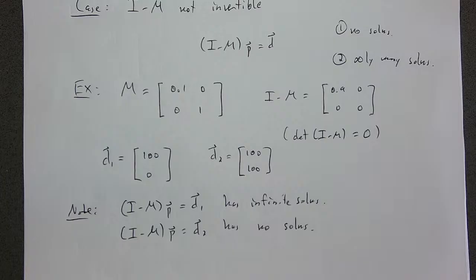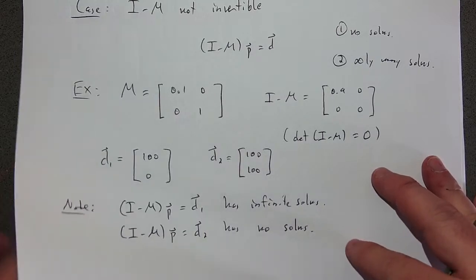Now, it doesn't really make sense to try to break down every possible way in which this could occur. So rather than that, we're just going to focus on one particular case. We'll do it for a closed economy, and that will allow us to say some things about how this works.